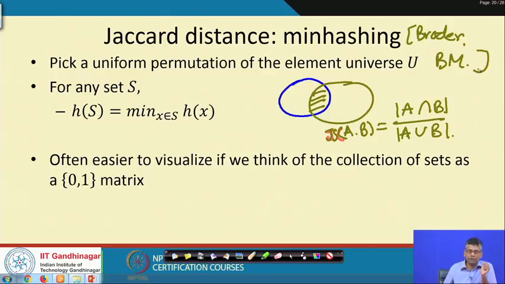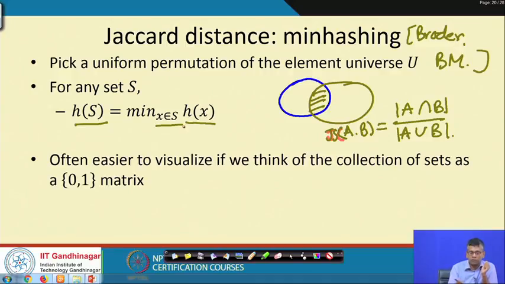So, my hash family is the set of all random permutations of the universe U, and I get to pick any one of them uniformly at random. Now how do I map a set? I map each element of the set according to this random permutation, and take the minimum of these values.